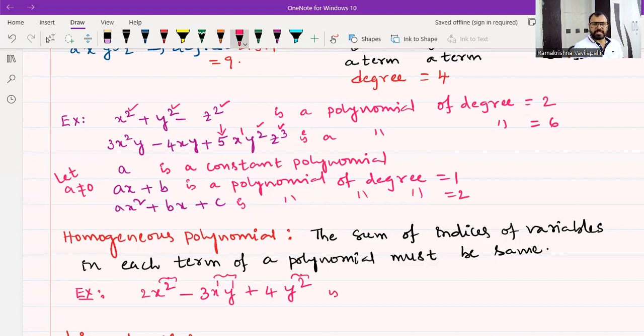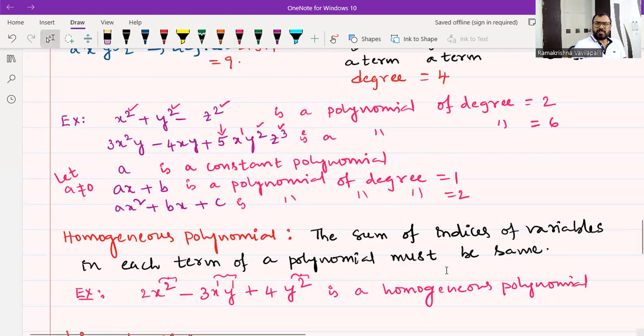So it is a homogeneous polynomial. So a homogeneous polynomial means that the sum of indices of variables in each term must be the same. Like this.